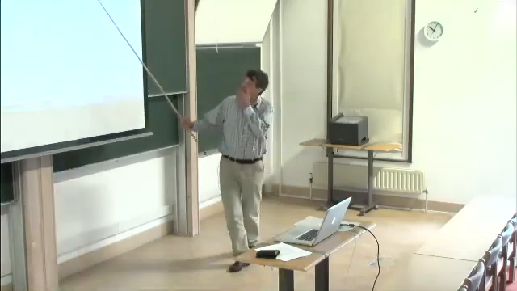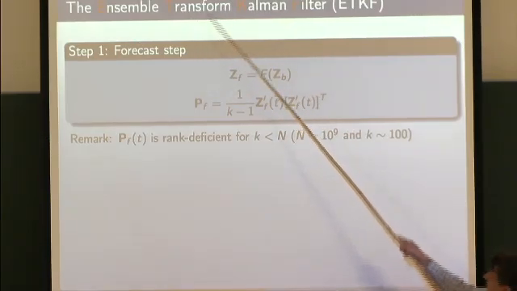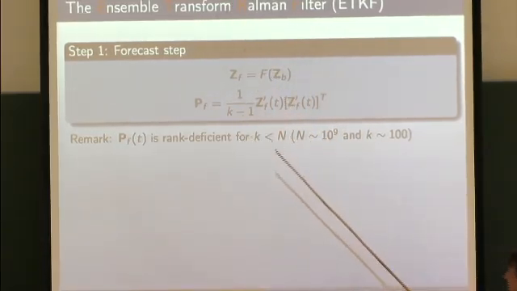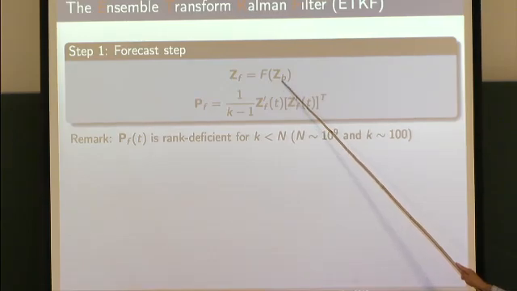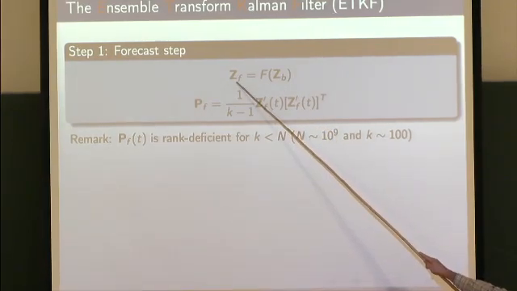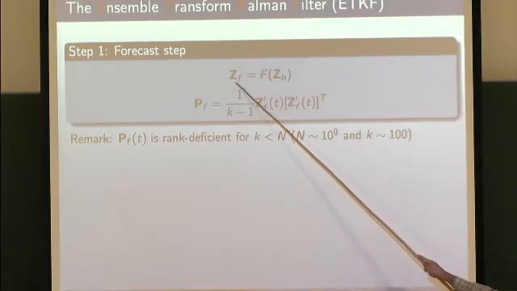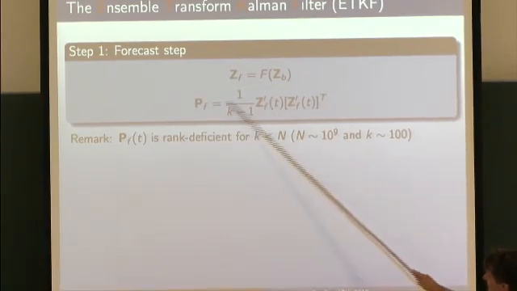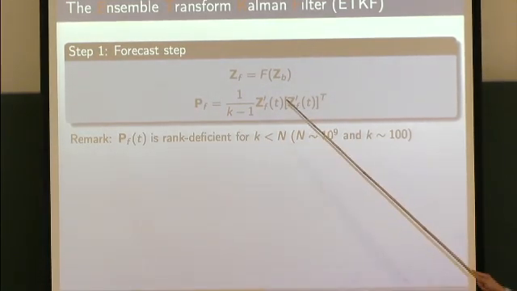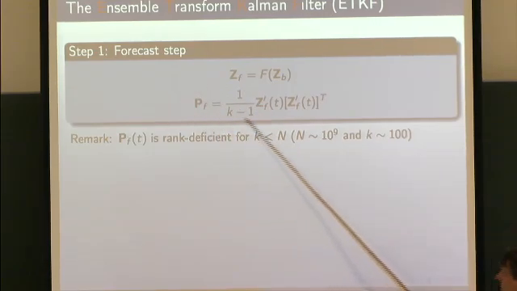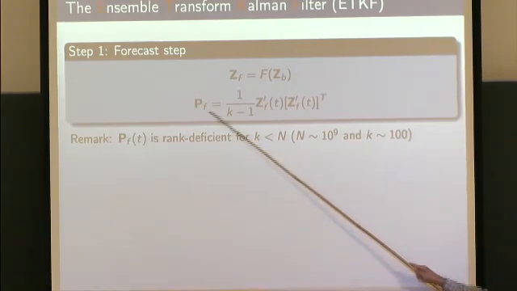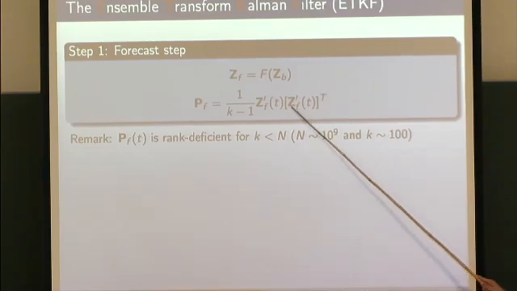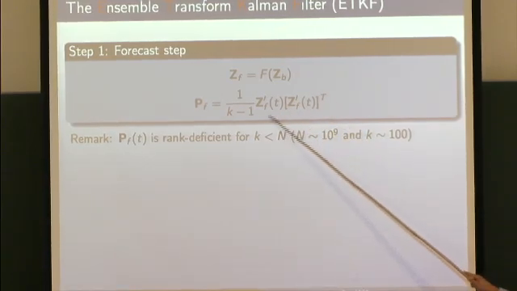So what you do in the ensemble Kalman filter, I'm going to tell you what transform means in a minute. We propagate our background with the full dynamics, and we get a z^f for each of these k states. Then we estimate, and this is the key issue of the ensemble method, the error covariance trivially by just doing z prime times z prime transposed of the deviation matrices.